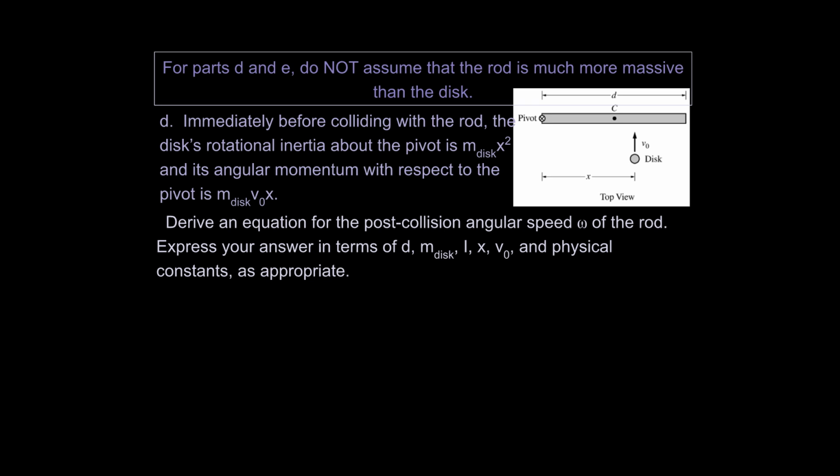So just be very careful to label everything exactly as they want it to be labeled at the end of it. It's a good thing to double check at the end of your problem to make sure you're doing it correctly. Alright, and so I'm just going to write down the two things they told us in here. So they're telling us the moment of inertia for the disk is this, and the angular momentum of the disk is this as well.